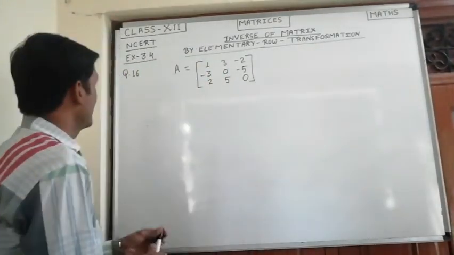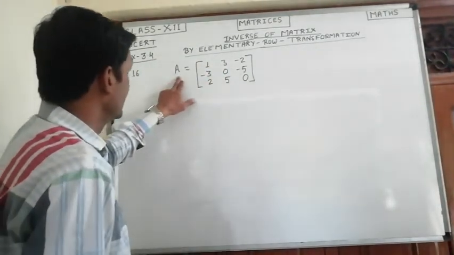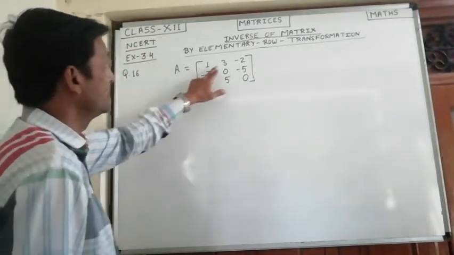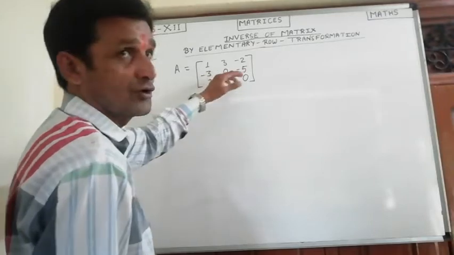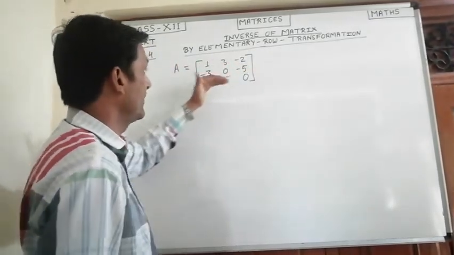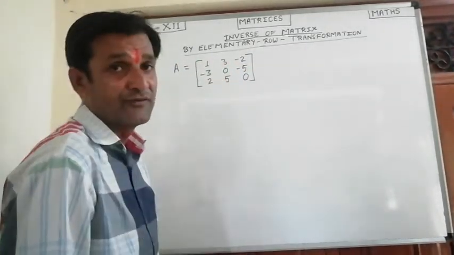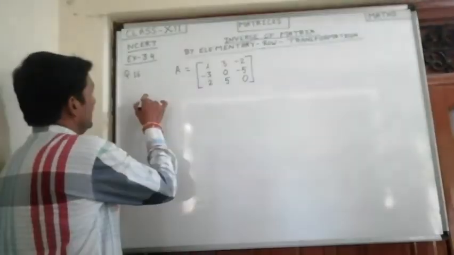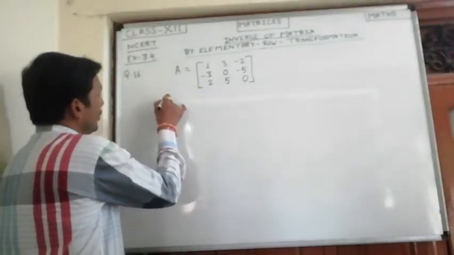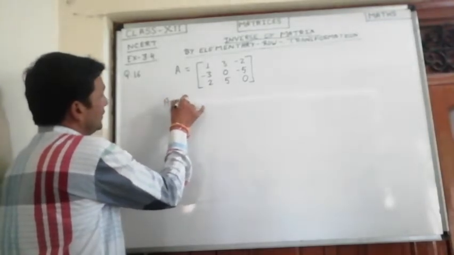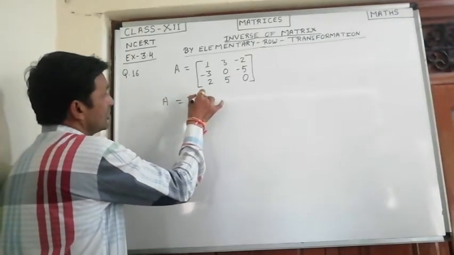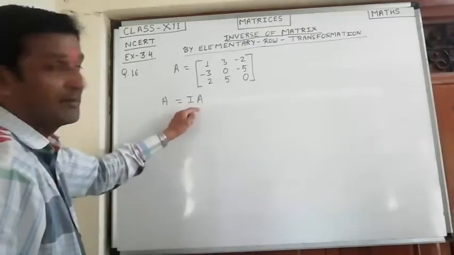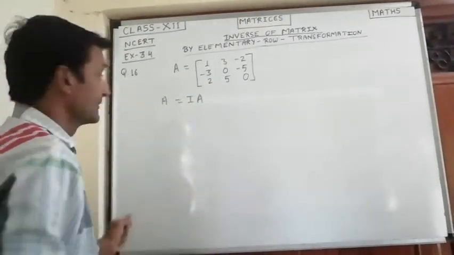So here one question is given, question 16 of NCERT exercise 3.4. A is equal to 1, 3, minus 2 in the first row, in the second row minus 3, 0, minus 5, and in the third row 2, 5, 0. So that you know A is equal to IA, because when we multiply the identity matrix by any matrix, the matrix will remain the same.